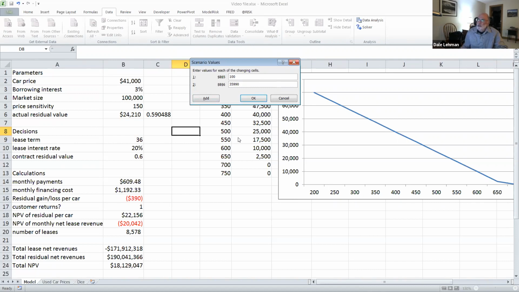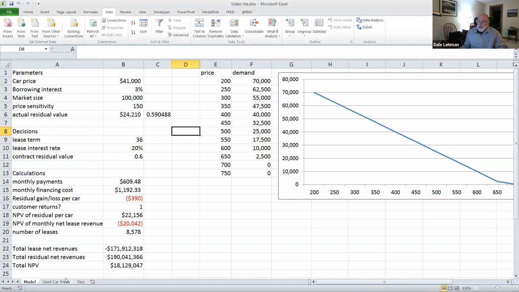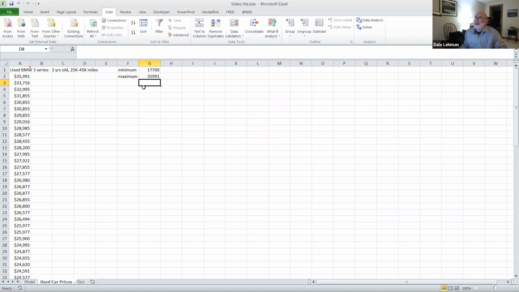I don't remember the numbers, so I think I'm close, but we'll find out here in a minute. Missed it by $1, 35,991, and the other is 17,700.